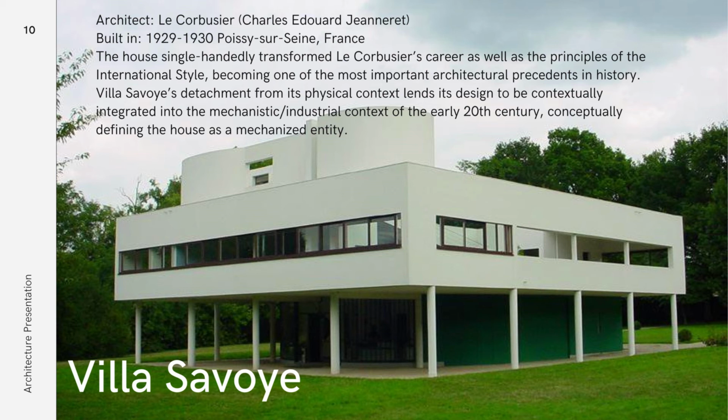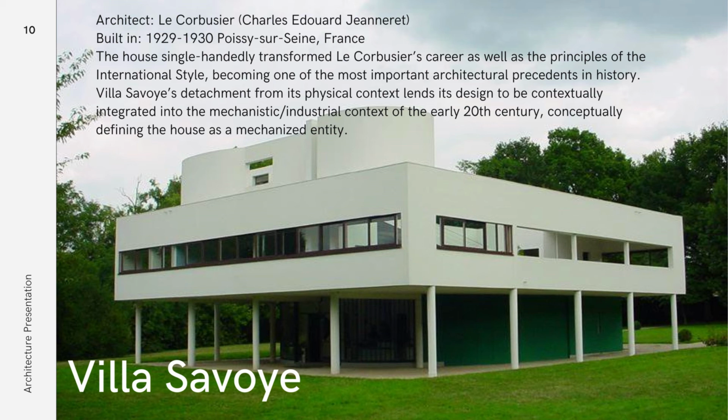Its essential geometric volumes embody the concept of the type form, and its careful consideration of precision and proportion connect the building to classical ideals. At the same time, its clean simplicity and its use of concrete evoke the precisely calibrated works of engineering so admired by the architect.